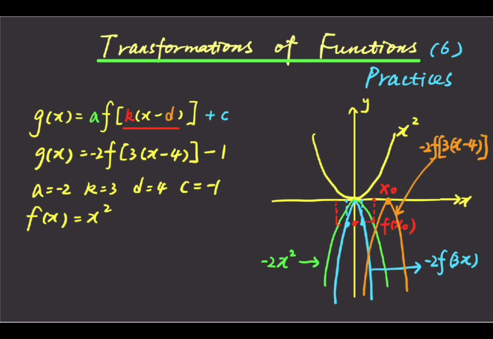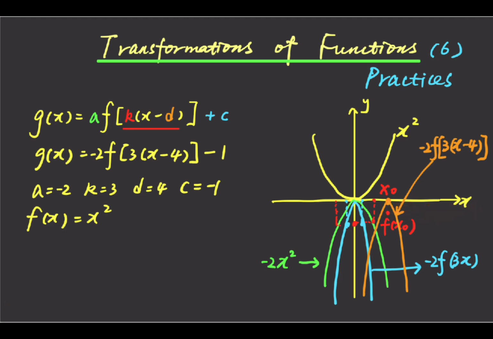Okay, then on the basis of this function, we need to translate the whole graph vertically, but downwards, because in our example it is negative 1, so we need to translate the whole graph downwards by 1 unit. So the new vertex should be here. Okay, this distance should be 1 unit.